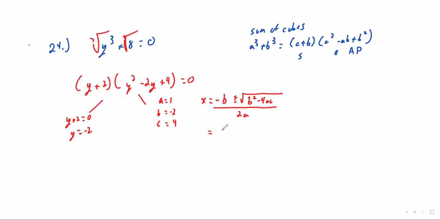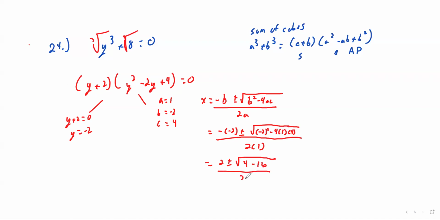So when I plug it in, I get negative negative 2 plus or minus the square root of negative 2 squared minus 4 times 1 times 4, all divided by 2 times 1. Two negatives make a positive. Negative 2 squared is 4 minus 4 times 1 times 4, so that'd be 16, over 2.